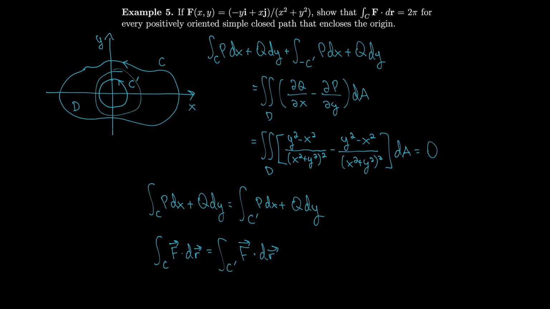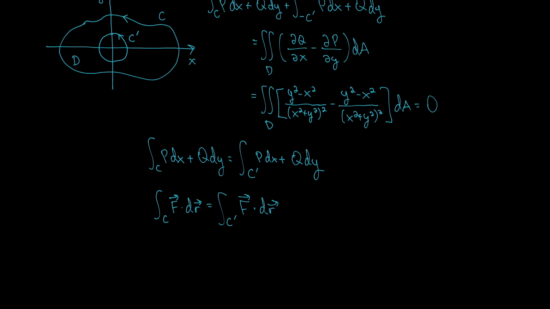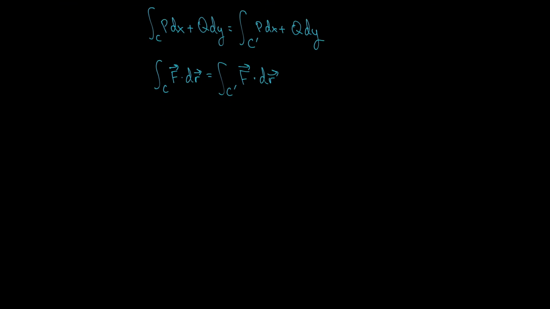So let's just compute the line integral over a circle. That shouldn't be too bad. How about we parametrize our circle? Remember that we have our curve r equal to whatever the radius is, let's say a, cosine t for the x component, plus a sine t for the y component, where t goes from 0 to 2 pi.